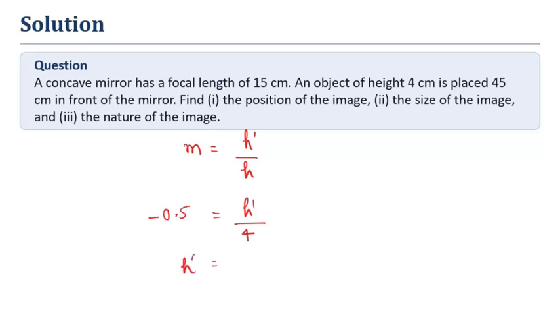Now after calculation, h dash must be equal to minus 0.5 multiplied by 4, so we get image height minus 2 centimeter. Now the image height is 2 centimeter, and this negative sign again confirms that the image is inverted.